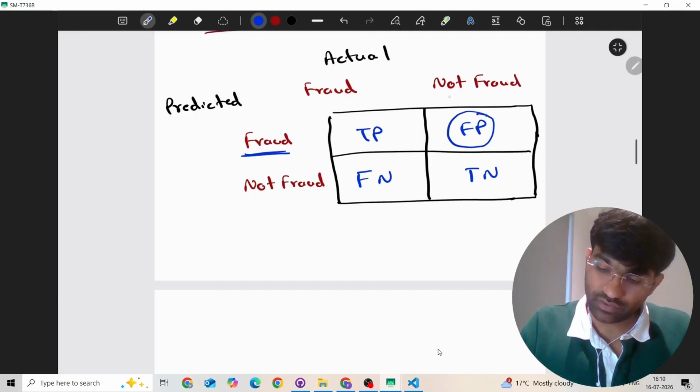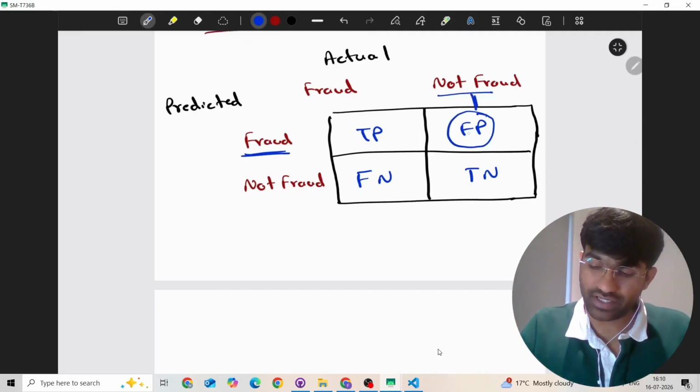He is not fraud, but your model has classified him as fraud and rejected the application. What happens in this case?